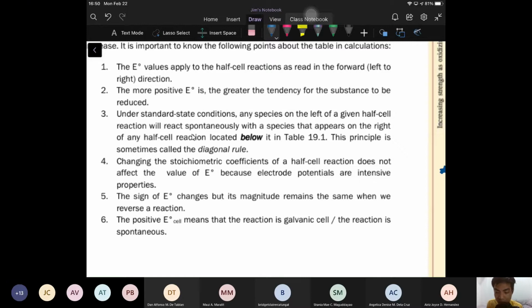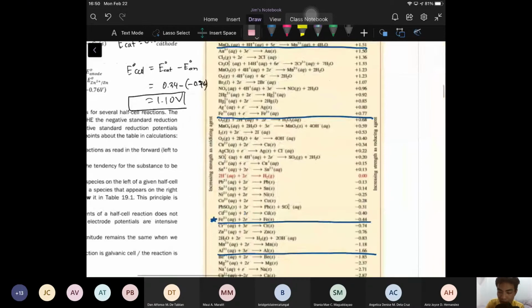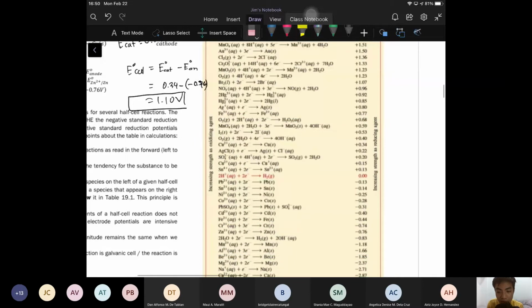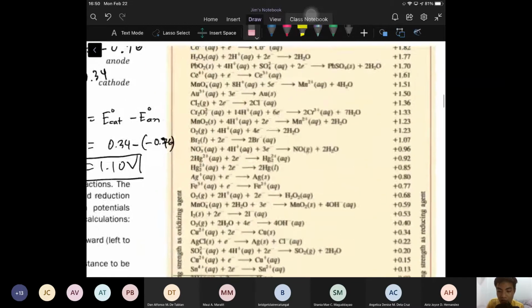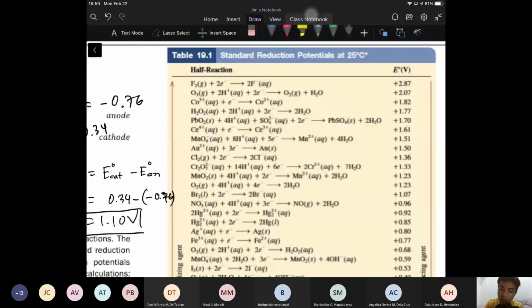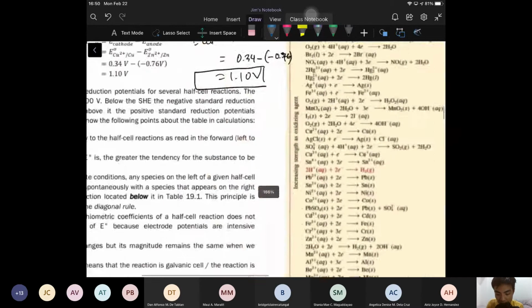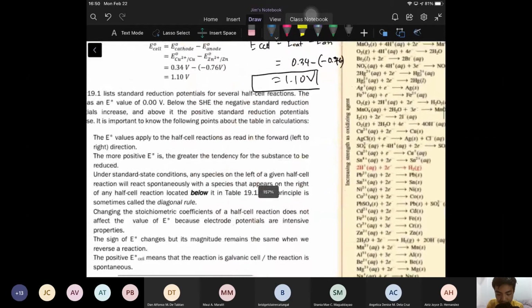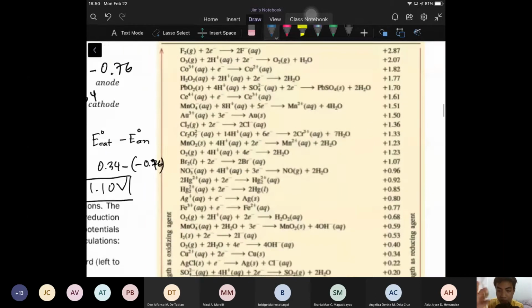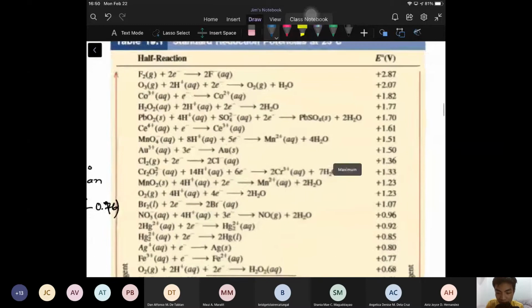Yun daw ang tawag doon ay diagonal rule. Ibig sabihin, pag pinaghalo mo yung nasa top left and sa bottom right equation, spontaneous yung reaction na yan.